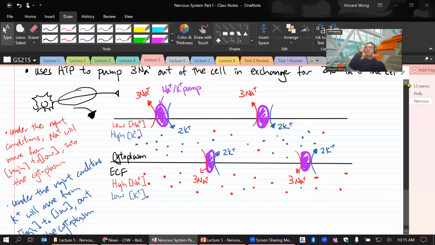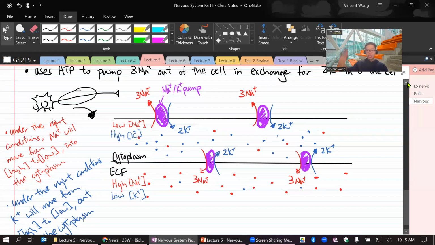Okay, this next part, I really need you to think about it. You don't have to tell me. As I describe it, just think about it in your head. We are pumping 3 sodium out of the cell and bringing in 2 potassium. Each sodium has +1 charge and each potassium has +1 charge.